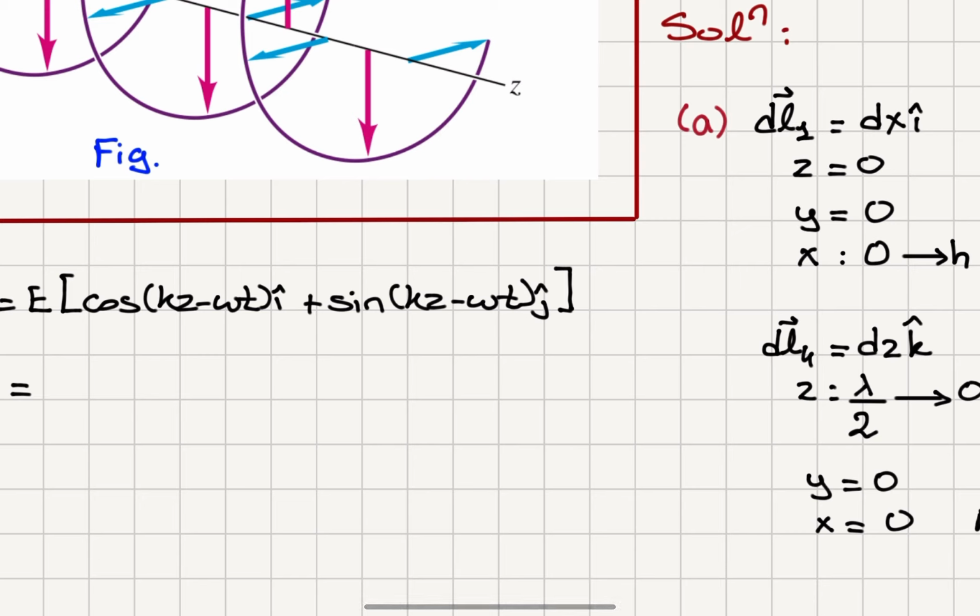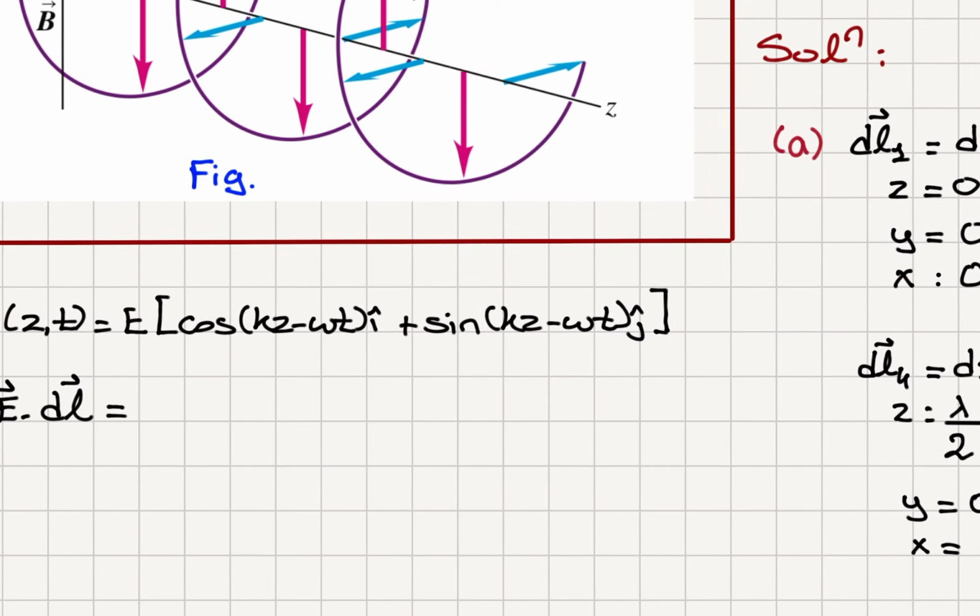Cosine is an even function, so this is cosine omega t. So E cosine omega t dx is my integral. So the first segment gives me an integral where x ranges from 0 to h of E cosine omega t dx, because z is equal to 0 and cosine of minus omega t is cosine of plus omega t.